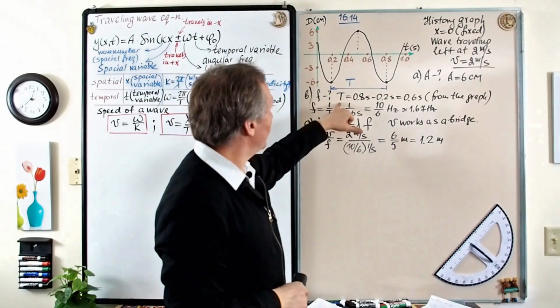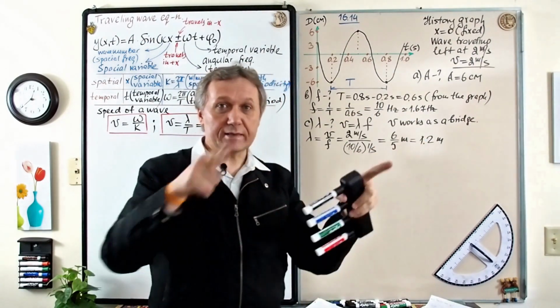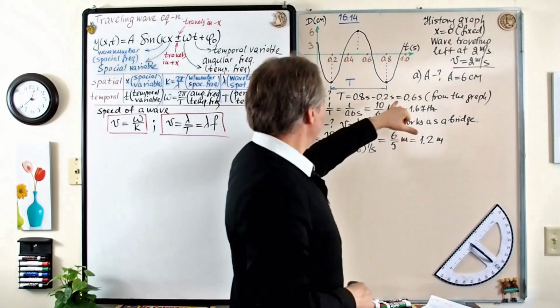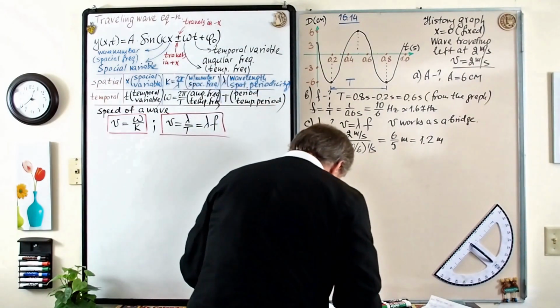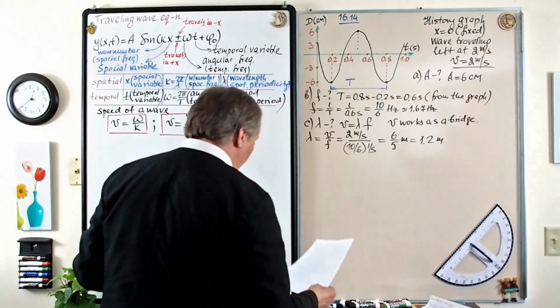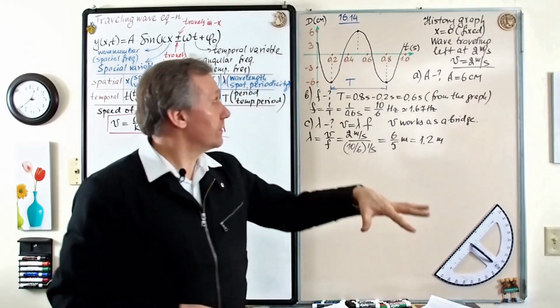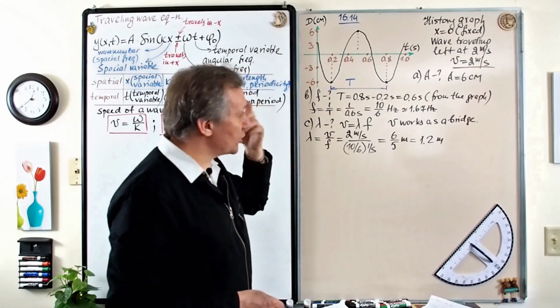And we also found the period, 0.6 seconds. Over 0.6 seconds, the wave reproduces itself. Temporal periodicity, spatial periodicity. So what's next? At this point, actually, part C, the problem is over. That's problem 14. But I feel like not completely satisfied.